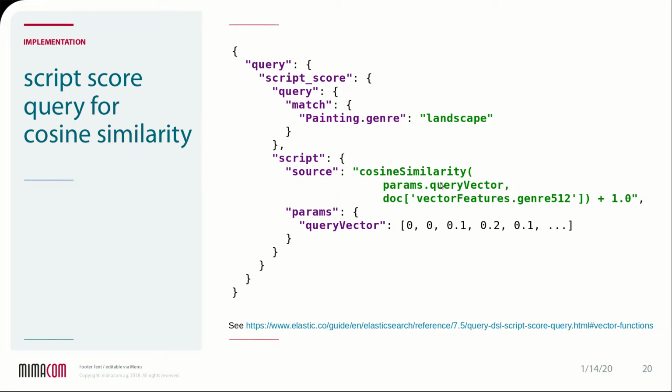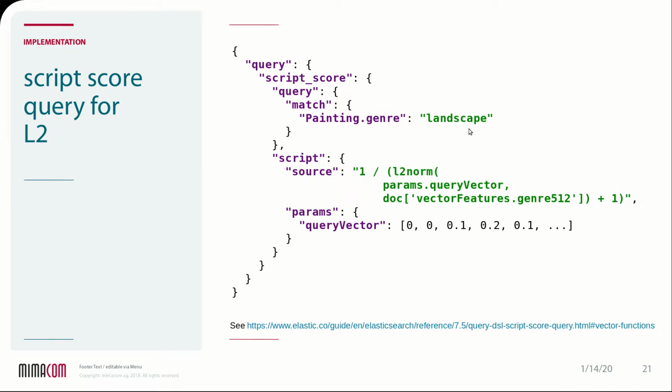And we can pass the query vector that we sent in our query, and also the vector field of the document that is indexed. In the end, we just add 1 because the result could be negative and we don't want negative results. What we do here also is we have a match expression to just pre-filter for landscape genre.